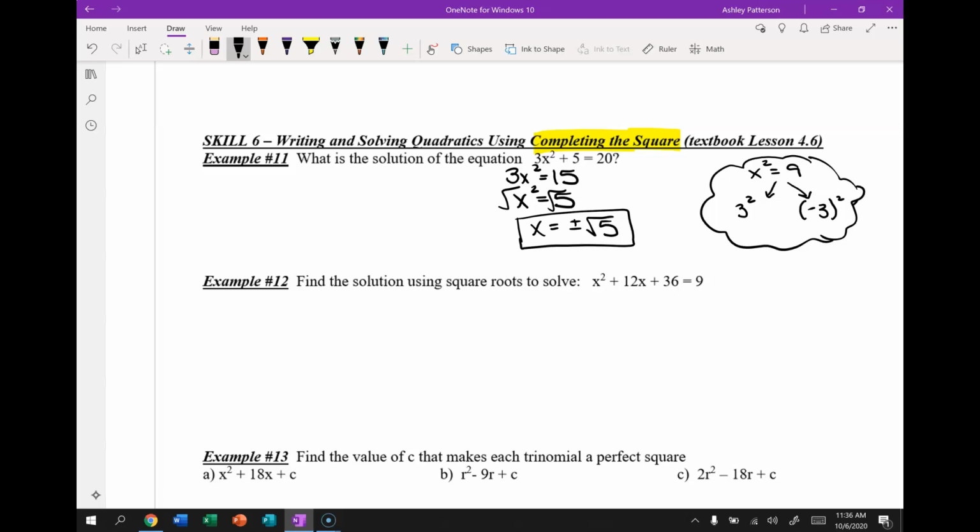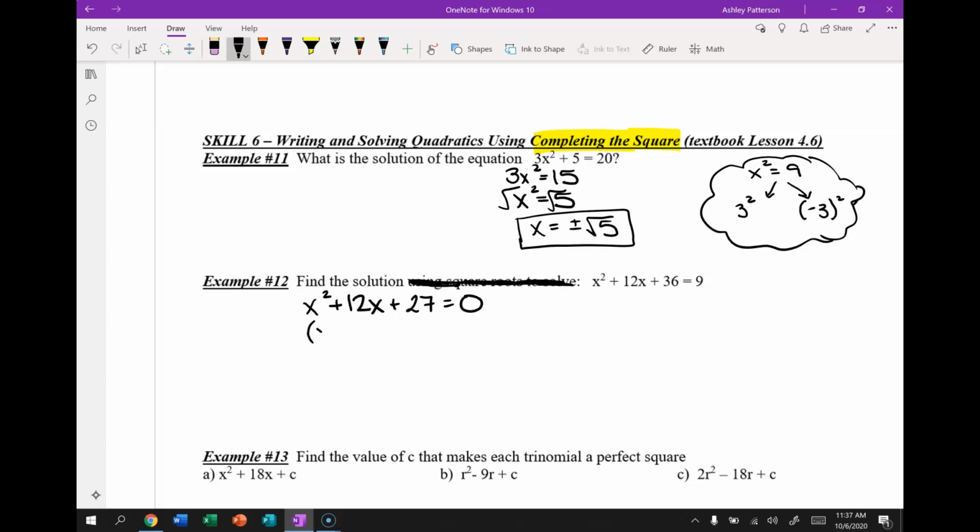Okay, example 12, it says find the solution using square roots. I'm going to cross this out. I'm just going to say find the solution. Well, I know that it can't be solved if it's not equal to 0. So in subtracting 9 from both sides, we get x squared plus 12x plus 27 is equal to 0. And right away, I can see that we can factor, because 9 times 3 is 27, and 9 plus 3 is 12.